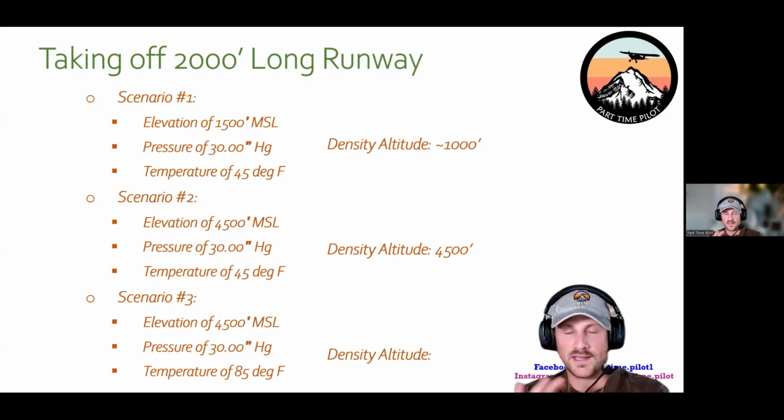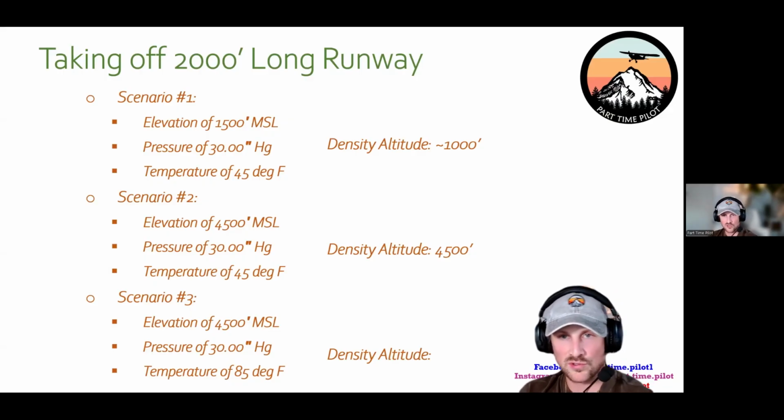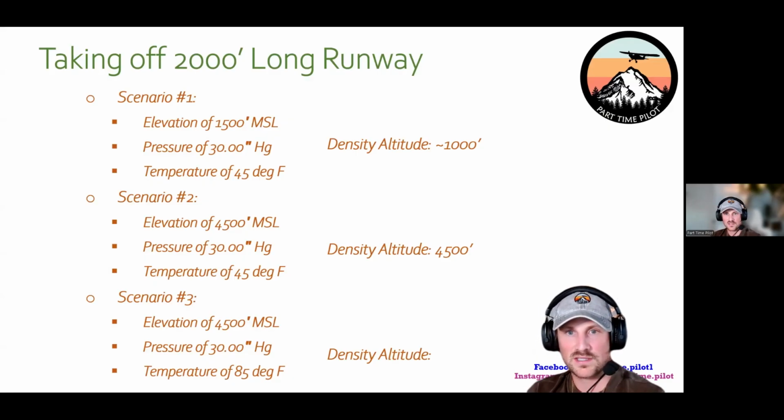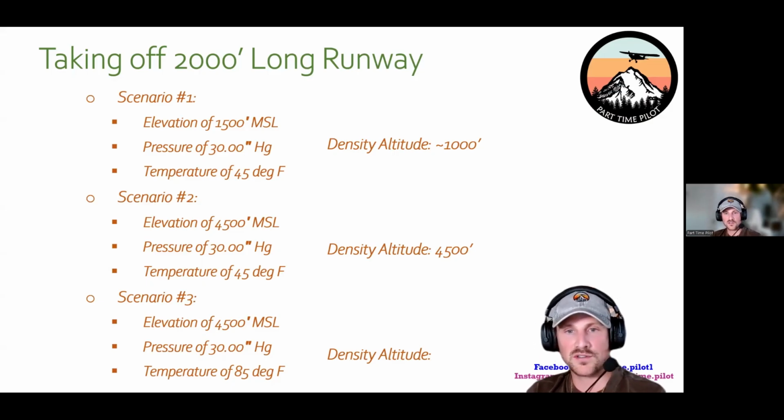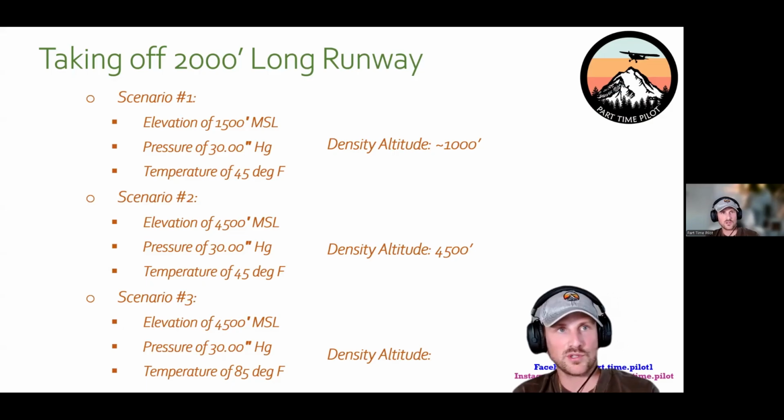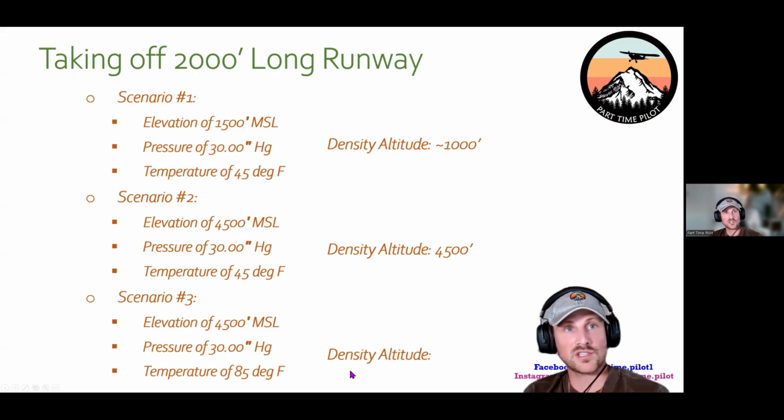Looks like we got density altitudes of around 7,400, 7,000, 6,900, 6,900, 6,900, 7,000, 7,000. So yeah, hint, our pressure altitude did not change from scenario 2 because our elevation and our pressure did not change.